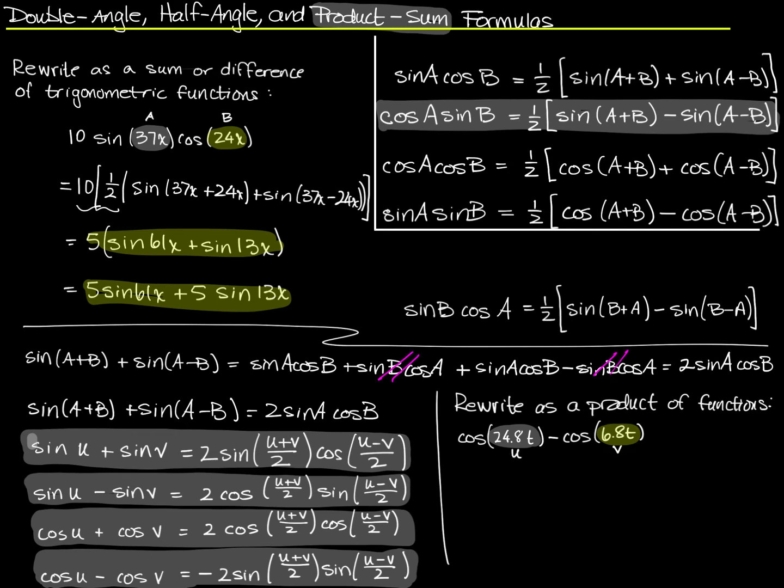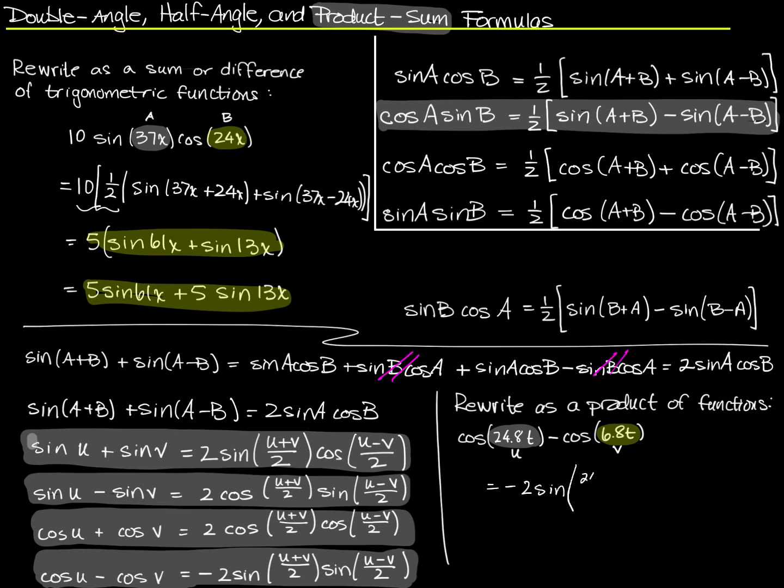The formula that I have for that is the difference of two cosines, and that's this last one down here. A cosine of u minus a cosine of v is equal to negative 2 times the sine of u plus v.